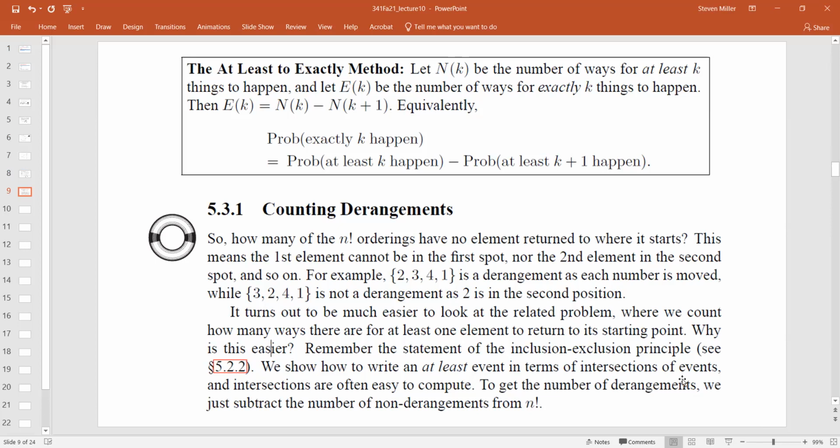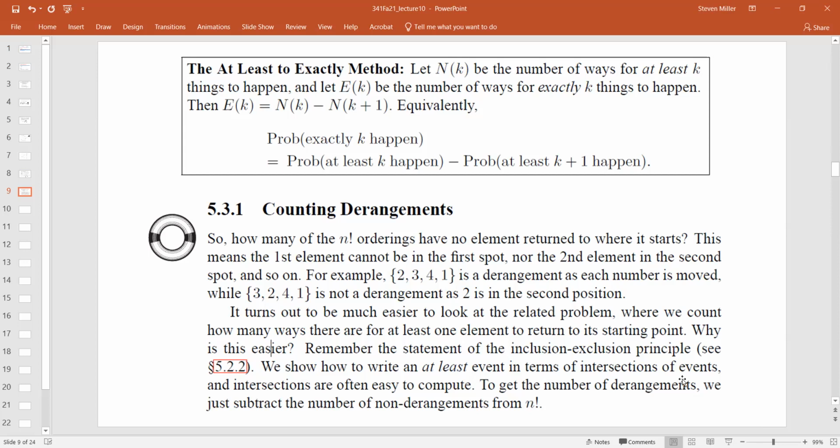If you want to know what is the probability for at least k things to happen, if we know that, we can go from that to knowing the number of ways to have exactly k things happen. So to have exactly k things happen, you have at least k things happen, and you subtract off the probability that at least k plus 1 things happen. And this just tells us that if we can compute at least, we can then trivially get exactly.